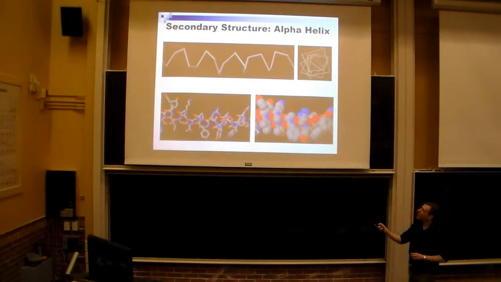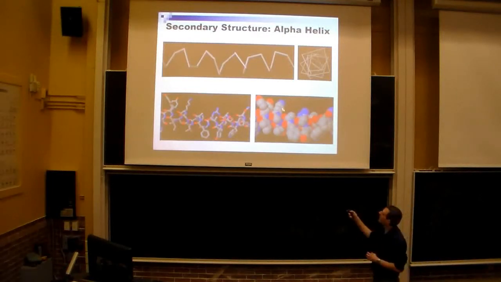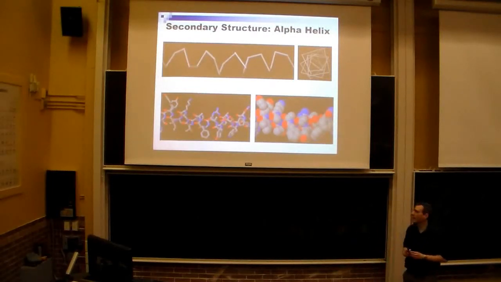You should be able to see that you're seeing a peptide backbone wrapping around, and the side chains then project around the alpha helix. They project out around this and give some shape to it, which is apparent in this space-filling model, which captures approximately the van der Waals radii of the atoms.